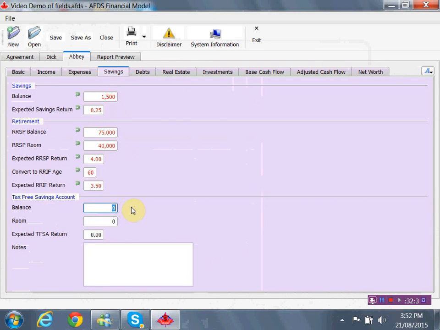We're seeing her tax-free savings, entering 0 in this particular case, and getting a rate of return.